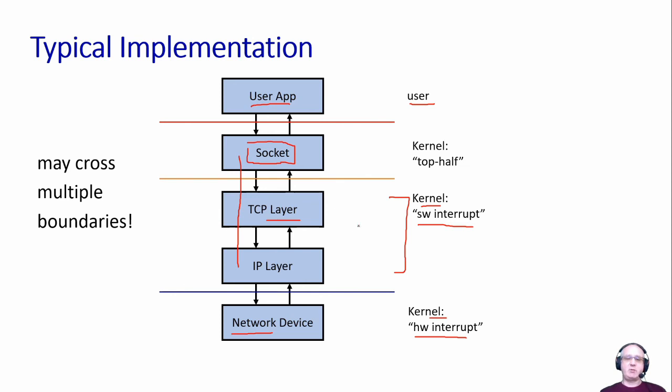Now, eventually, when a packet is received, the application will need to be notified. For example, the application may have already called read or receive to try to receive this packet, and it may be in a blocked state. In this case, it is the responsibility of the networking implementation to unblock this application so it can wake up, receive this packet, and send it to the user level so that the user application can take care of processing this packet.